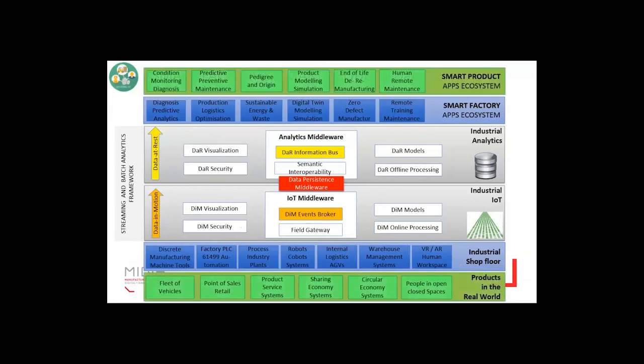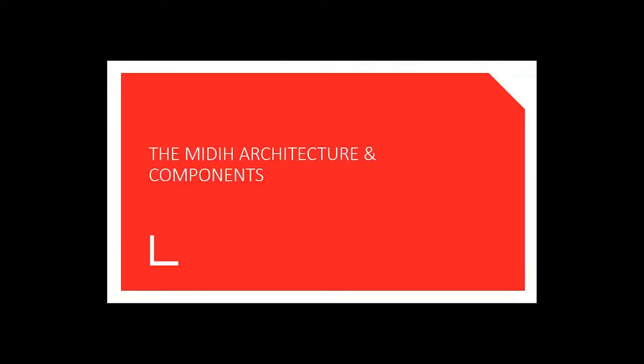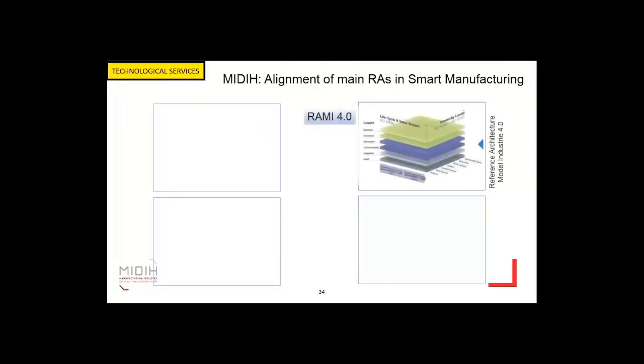In the smart product scenario, you have more or less the same. And so if you apply to smart factory or smart product scenarios, you should have this reference architecture in mind, and you should respect the flow of data from the bottom of the slide to the top of the slide.